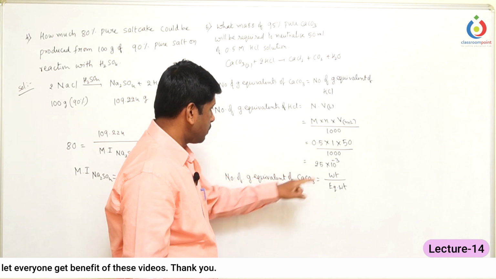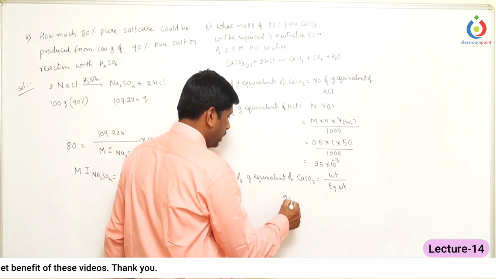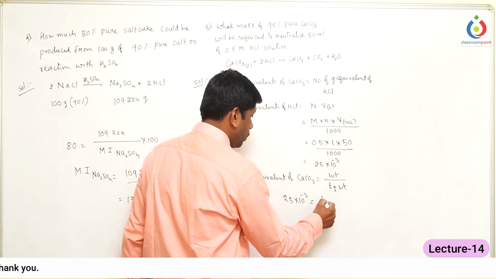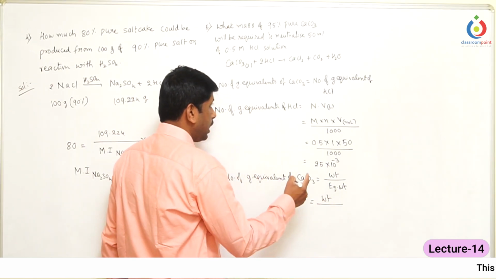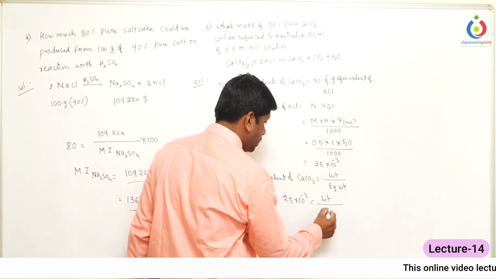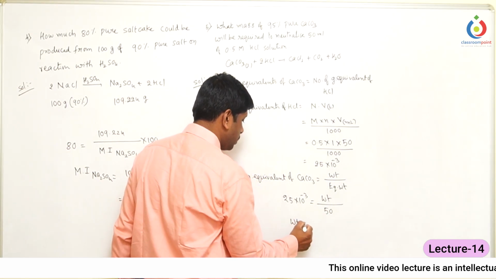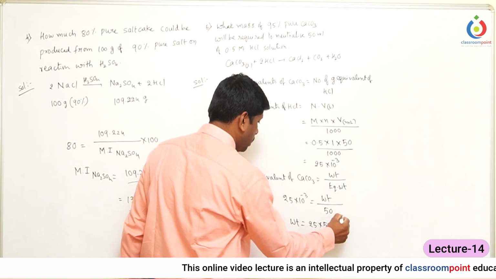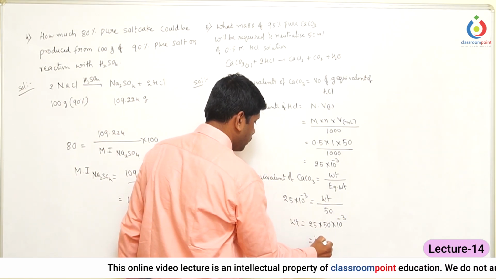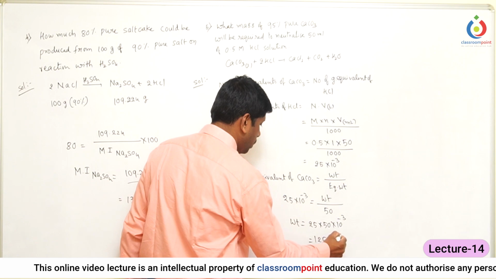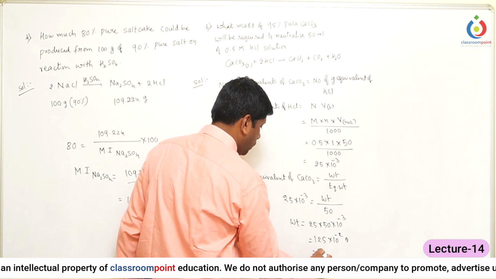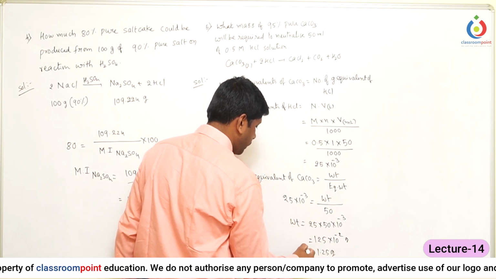Weight we don't know, it has to be calculated. Equivalent mass of CaCO3 is 50. So weight equals 25 into 50 into 10 power minus 3, which equals 125 into 10 power minus 2 grams, that is 1.25 grams.